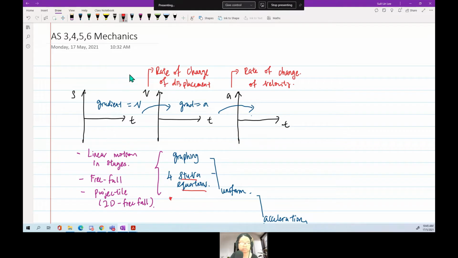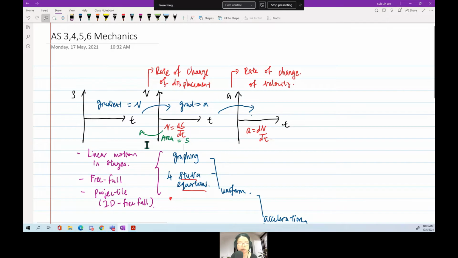Because from here, your v is equal to ds/dt, and your a is equal to dv/dt. And if you remember, we use this in our simple harmonic motion or oscillation if you've studied A2. Of course, we can reverse back. So this area is equal to displacement as well.